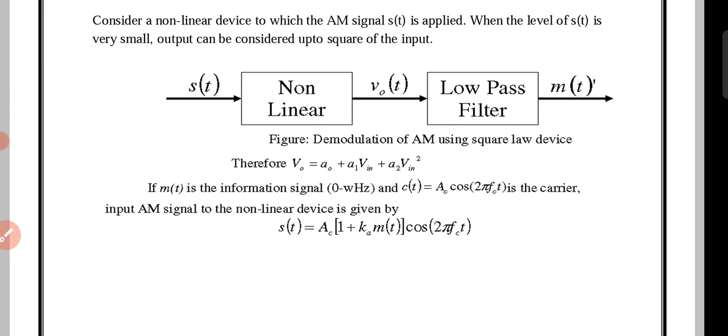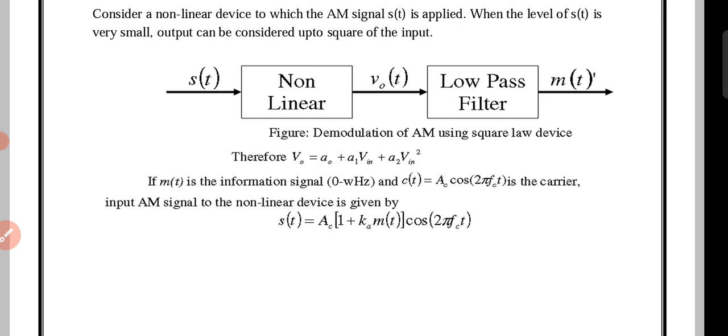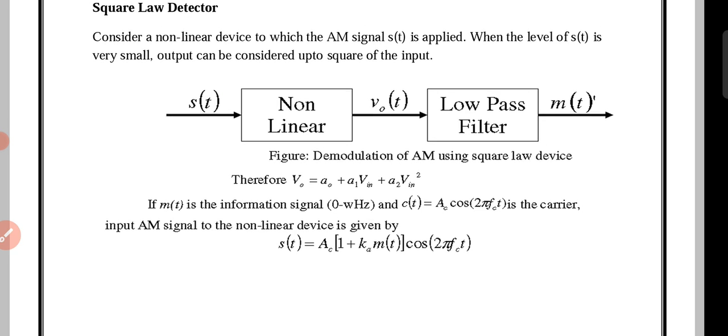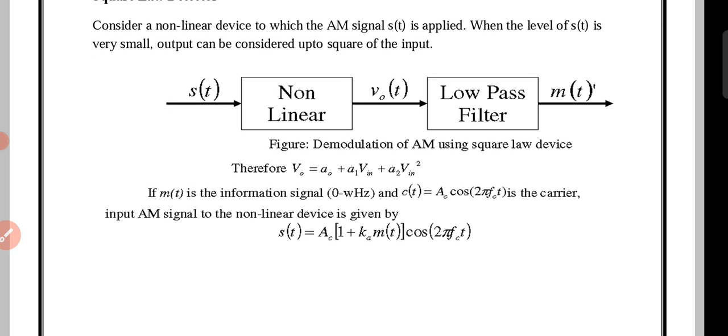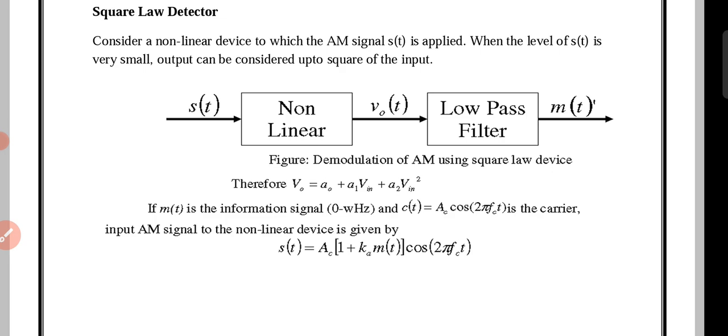The output of the nonlinear device is further fed to the low pass filter, because the message signal is a very low frequency signal, as we already discussed. So here we accommodate a low pass filter.